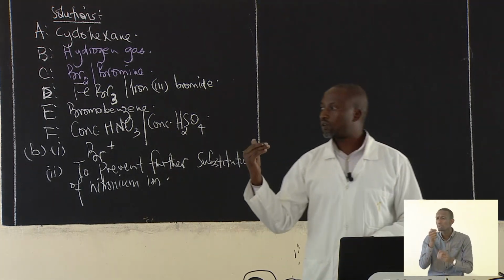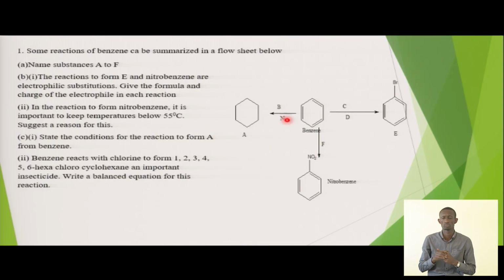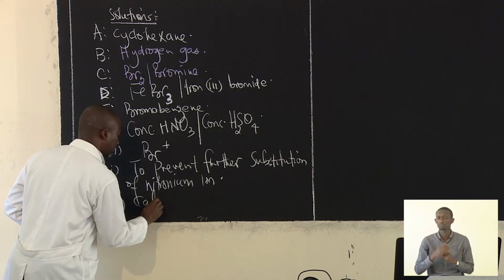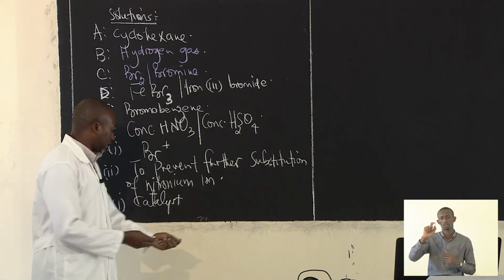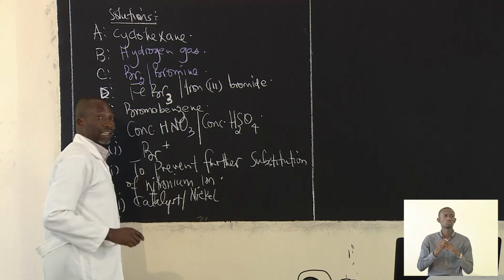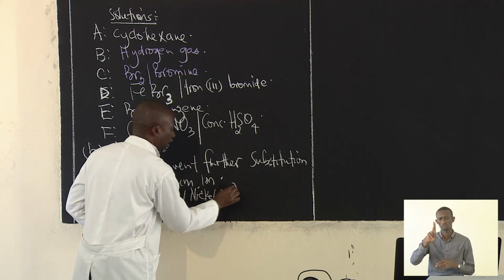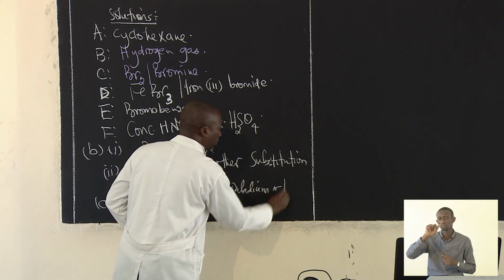State the conditions for the reaction to form A from benzene. What are the conditions? The catalyst has to be present. That is C, Roman 1. So you need the catalyst. That is one condition. And what is the catalyst that is used? This is nickel. Nickel catalyst, or you can use either palladium or even platinum.